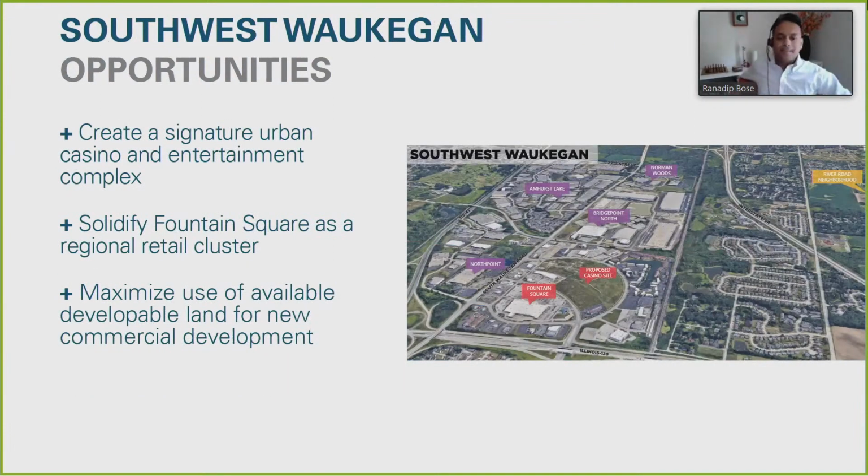Here. And then this is the Southwest Waukegan. This was the location. Waukegan was selected as one of the cities in Illinois to have a new casino. And what we are really suggesting, and I think the city has embraced this, is that it's not just a casino, which is over here. We should be looking at it as a destination, an entertainment destination, and a complex.